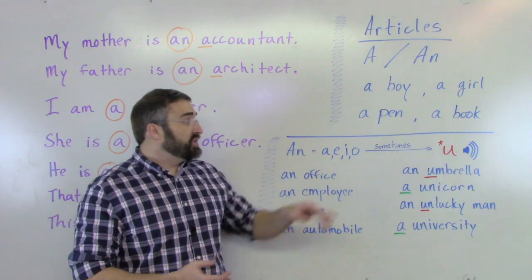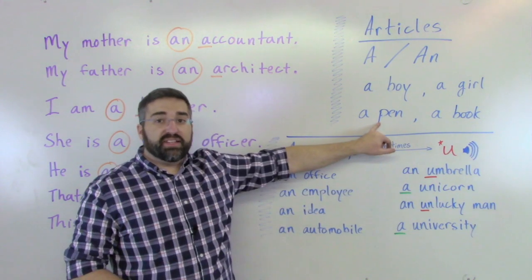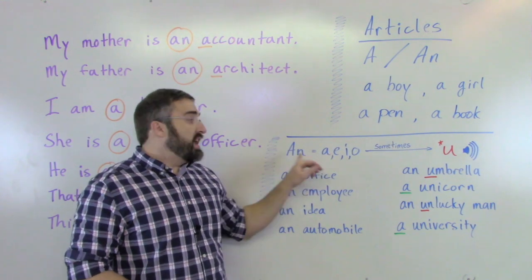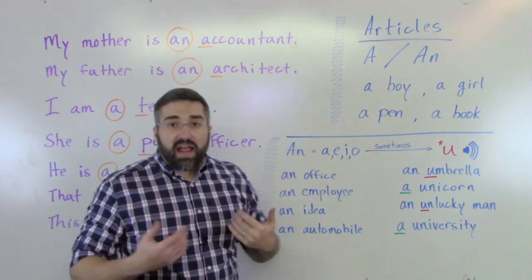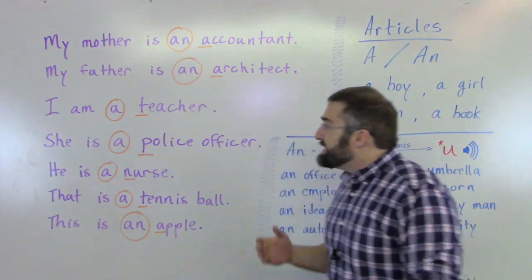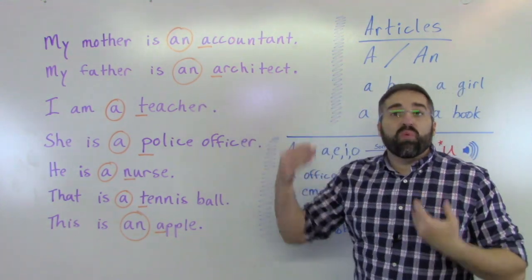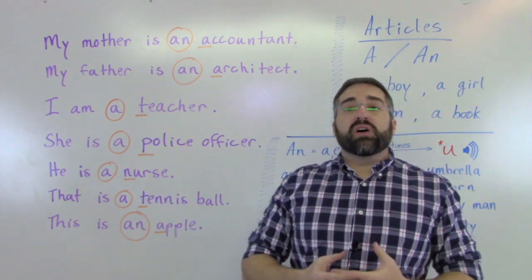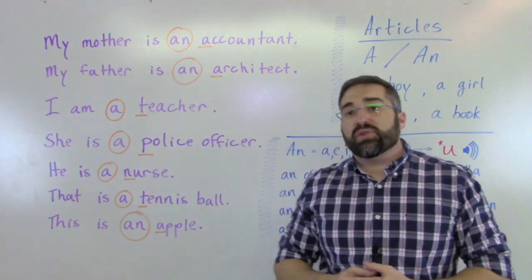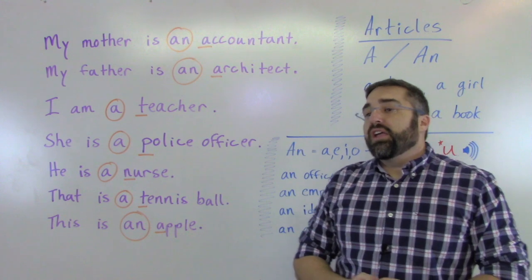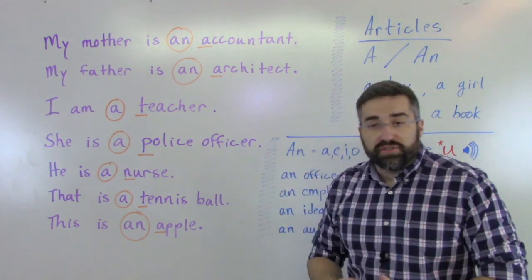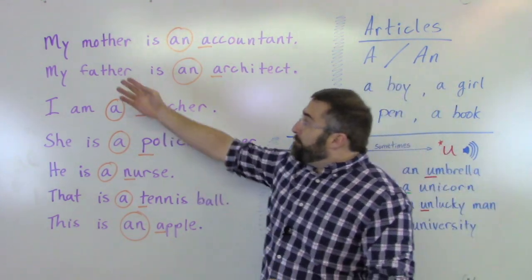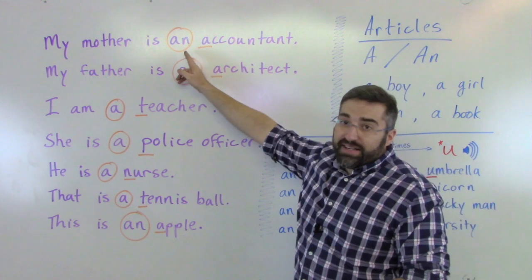Otherwise, it's very simple to know that the consonant sounds and the vowel sounds have a and an and when to use them. So some examples of when we use an article. So if you are writing a sentence or talking to someone, you need to use your articles in the right places. My mother is an accountant.